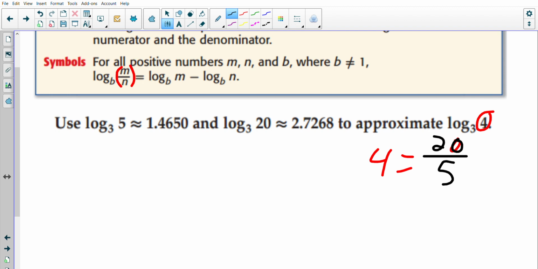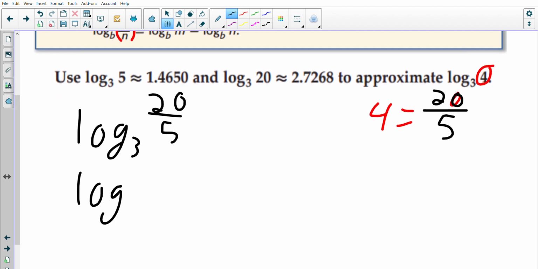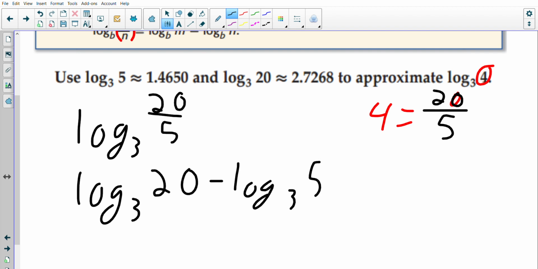So I can just write log base 3 of 20 divided by 5. And now that will split, using my division property, into log base 3 of 20 minus log base 3 of 5. And now I just use my substitution.